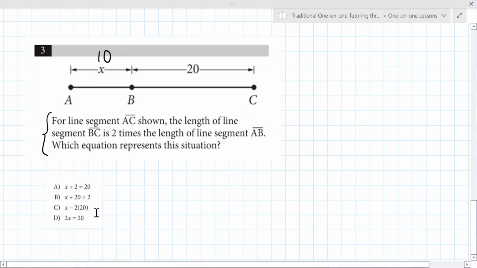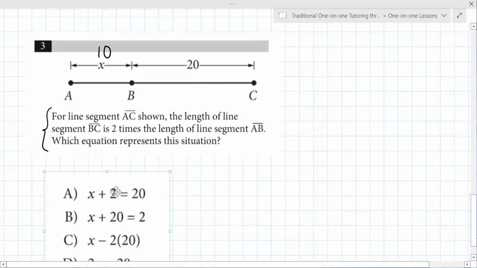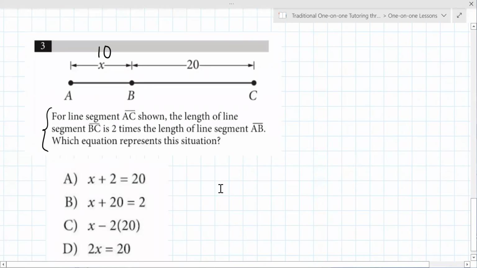Now, when you look at these four answers, are there any answers that are not an equation? Are there any of these that do not have an equal sign? Yes. Which one? C. So C is gone. C has to be gone.